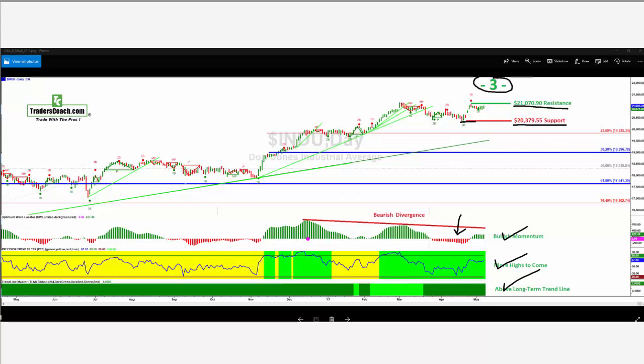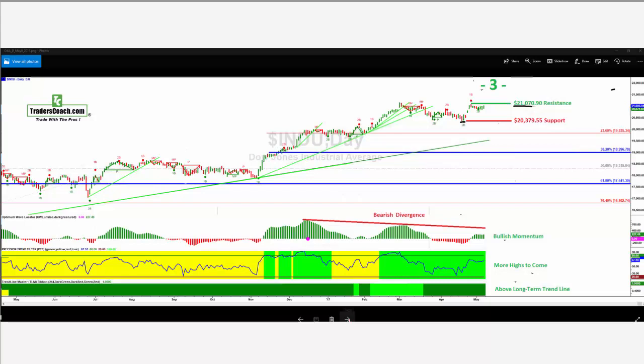Now, if this failed today and broke down below the support, then we've drawn in a fib retracement area here that would represent a wave 4 based on the current price activity in the Dow Jones Industrial Average, which would take it down to 18,996 to 17,641. After that, we expect more highs. But first, before that can happen, wave 3 has got to be over, and we don't necessarily think it's over. So let's take a look at another time frame to show you why we think that.